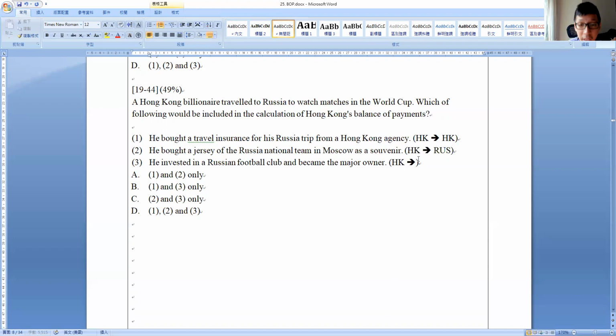When you invest in something, you pay money to something, right? So Hong Kong is paying to Russia, since it specifies a Russian football club. So we are paying money to Russia. Hong Kong to Russia, outflow of money, also in BOP. The answer would be 2 and 3. You see, it's quite exaggerated, people really don't know, only 49%. I don't know why, it's amazing. So hopefully, right?